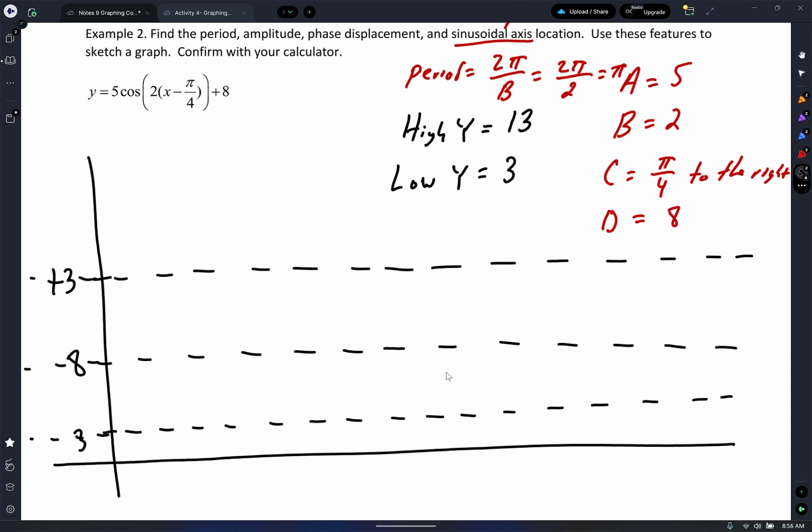Okay. I know that because it's cosine, I have a peak at pi over 4. So I'm going to call pi over 4 right there. So put a point at pi over 4 comma 13. And I repeat every pi.